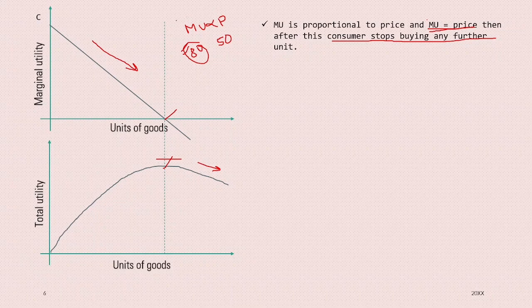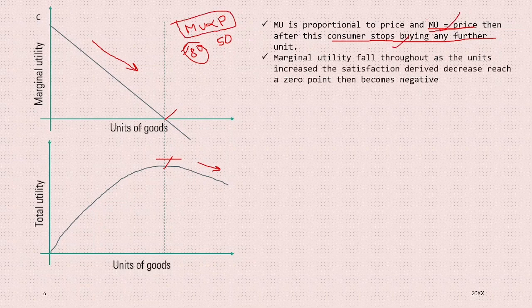So what we have to remember is that marginal utility is proportional to price, and when price is greater than marginal utility, the consumer stops buying any further. Now the second point is marginal utility falls throughout as the units increase, reaches a 0 point and then becomes negative. It is evident in the graph. So we can see that it's decreasing. It's reaching the 0 point, which is called the zero utility point, where marginal utility is 0, then it becomes negative.